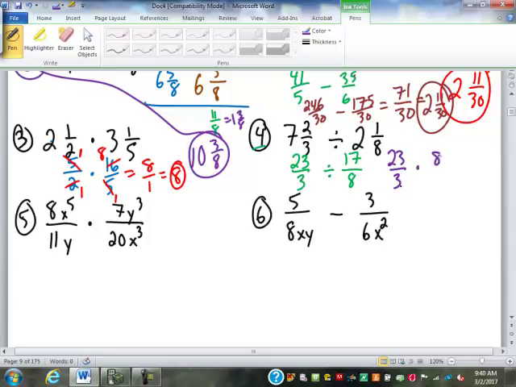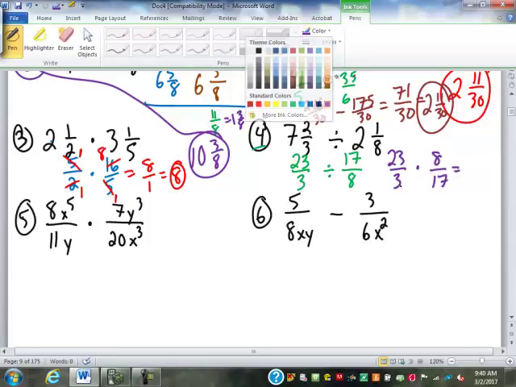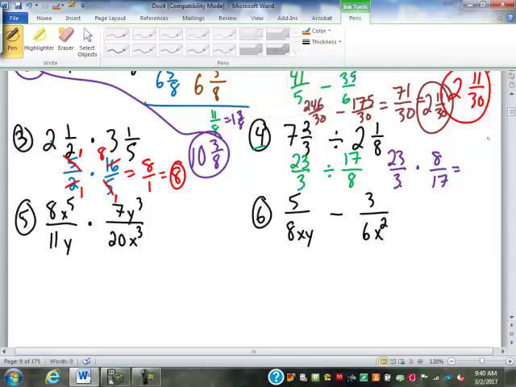It's going to be times 8 over 17. 23 times 8 is 184. And 3 times 17 is 51. So then 51 goes into 184 3 times with 31 left over. So 3 and 31 51sts.